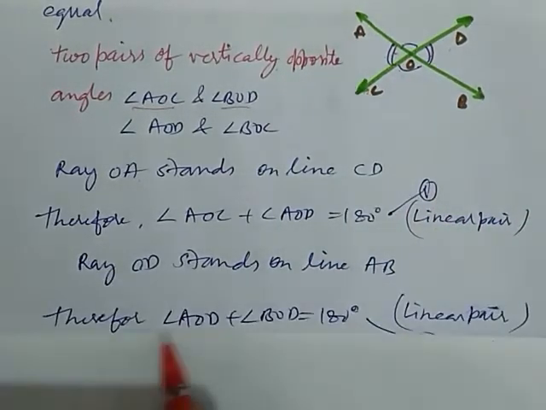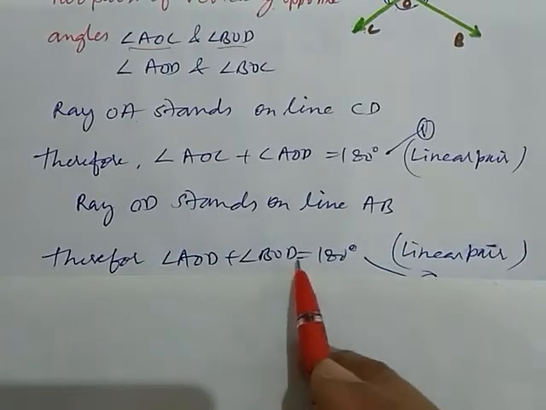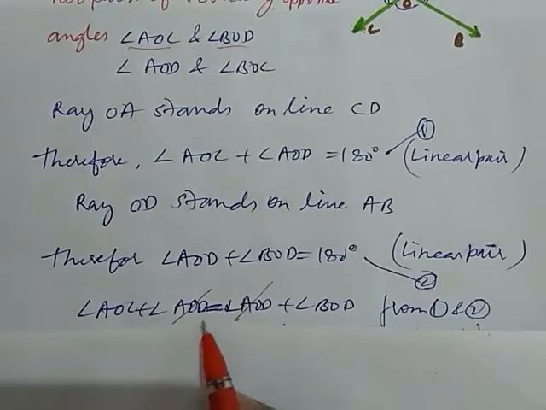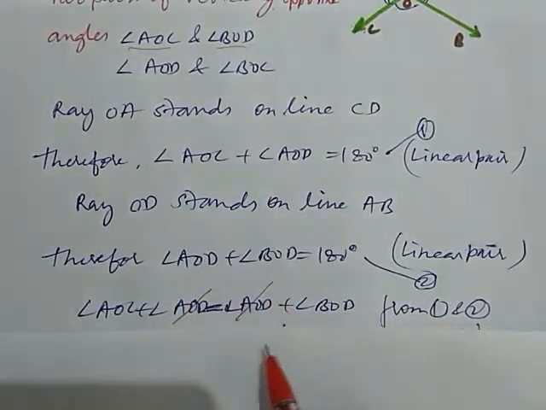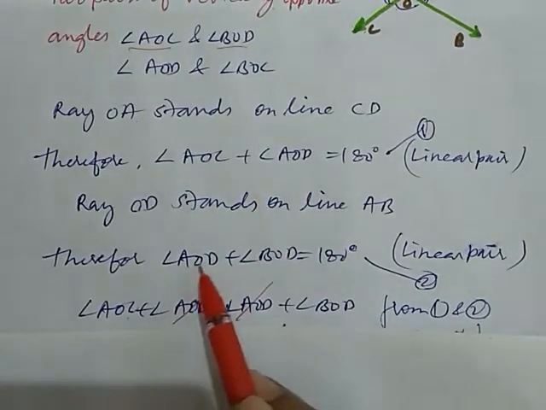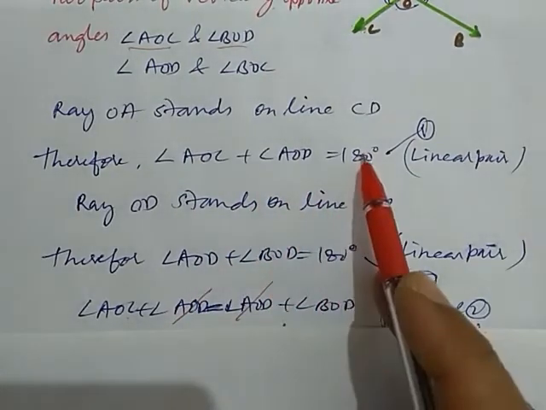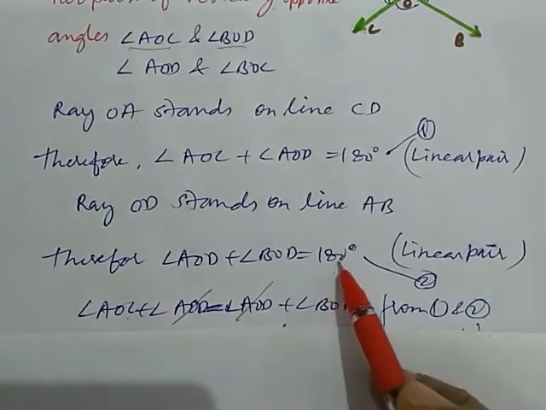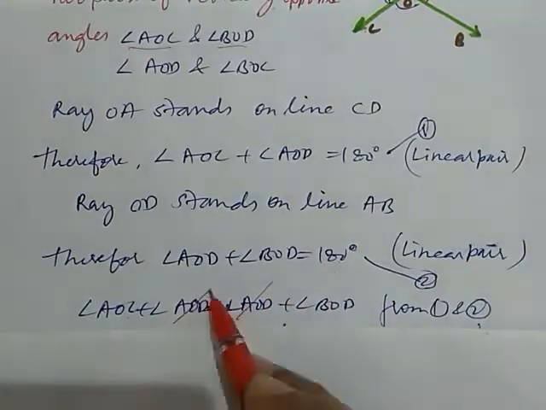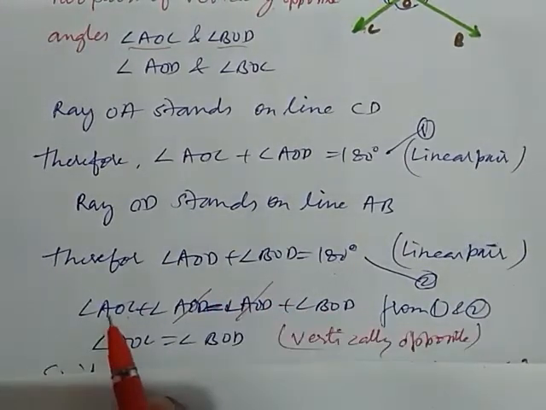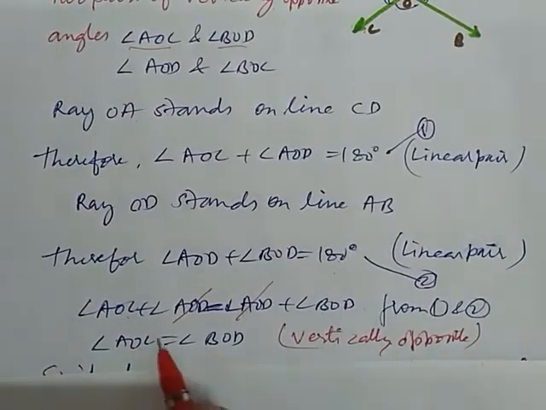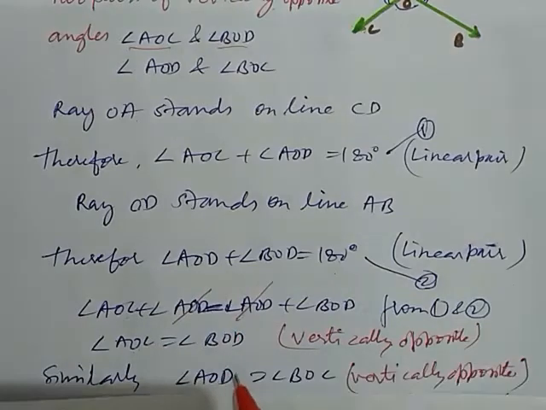So angle AOD plus angle BOD is 180 degrees. By combining both these equations, AOC plus AOD and AOD plus BOD, because both equal 180 degrees, we make them equal. So AOD cancels and we get angle AOC equals angle BOD, that is, the vertically opposite angles are equal. This is the proof.